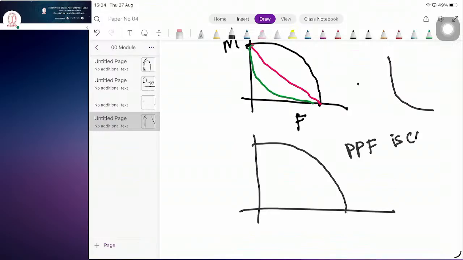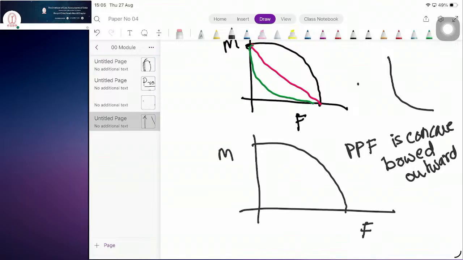Or you can write it as bowed outward, meaning this is going outside, not inside. So PPF is a concave curve. Done. Can I go ahead?